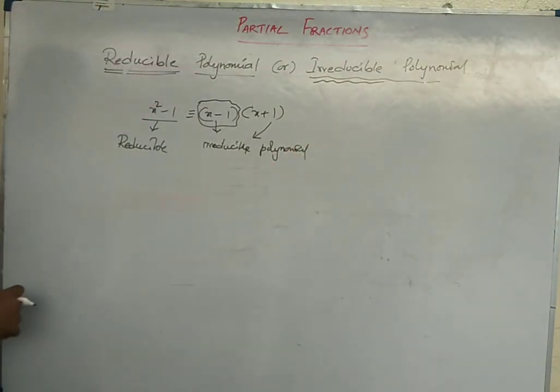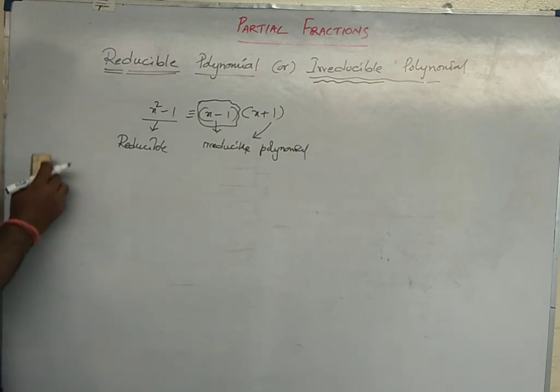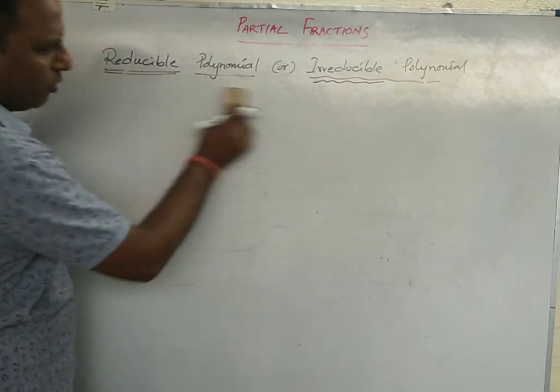So what is meant by a reducible polynomial? What is meant by an irreducible polynomial?